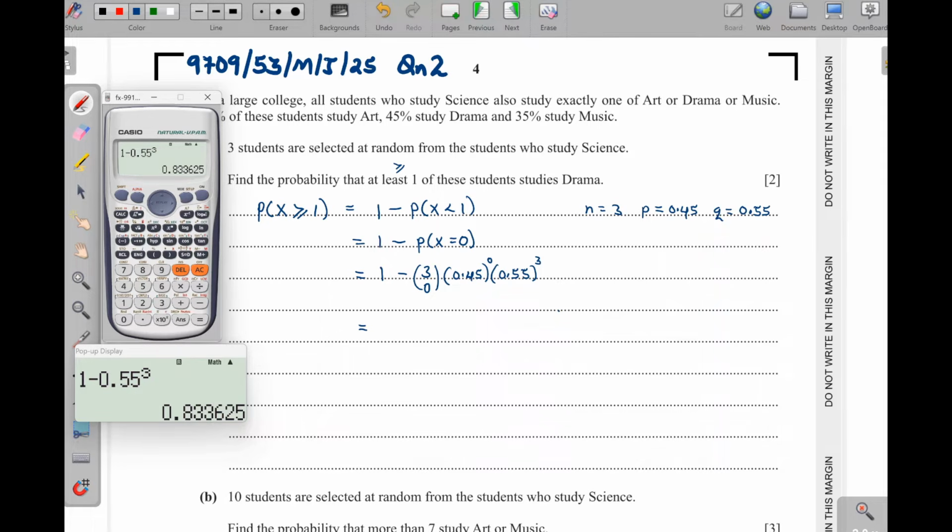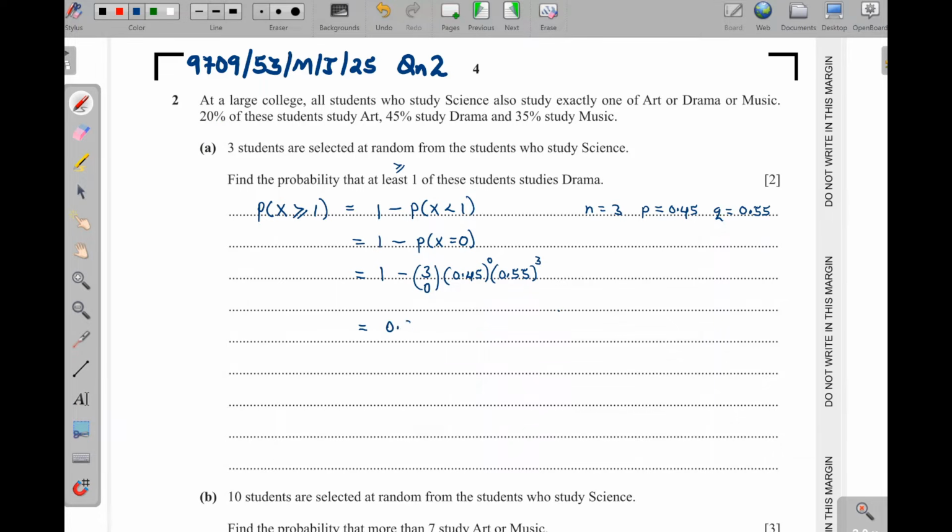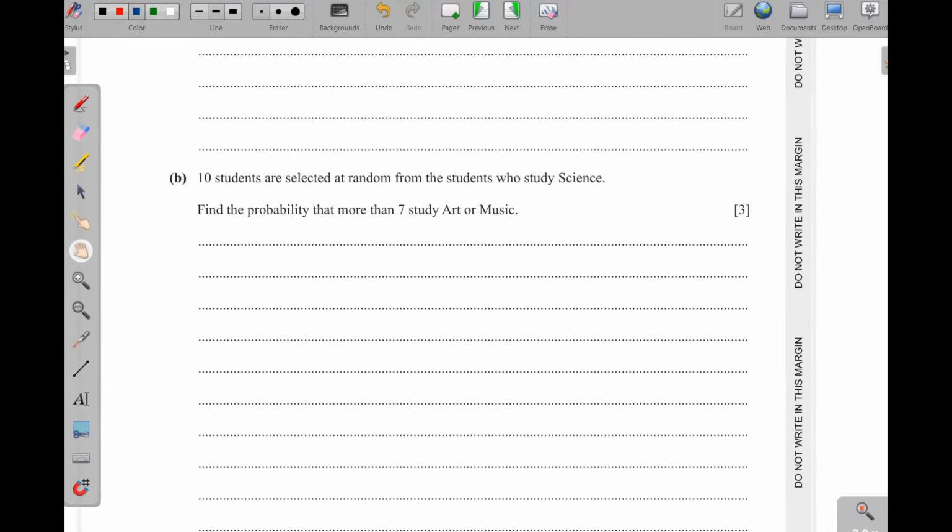So we have 0.834. That is to 3 significant figures. That is that. And then part B, 10 students are selected at random from the students who study science.